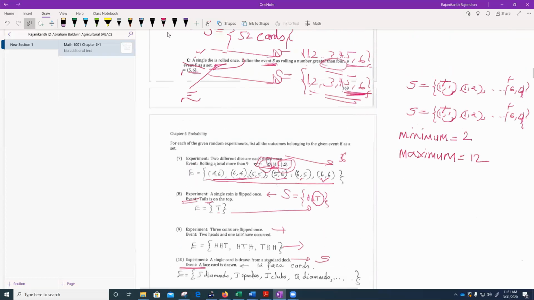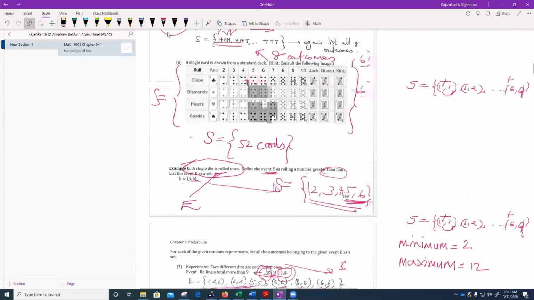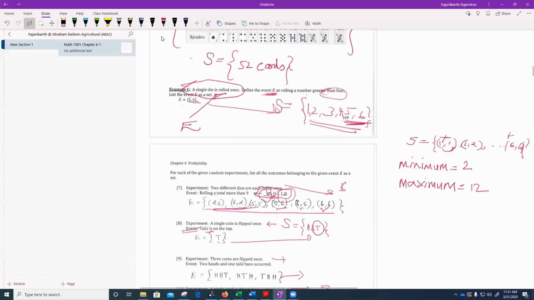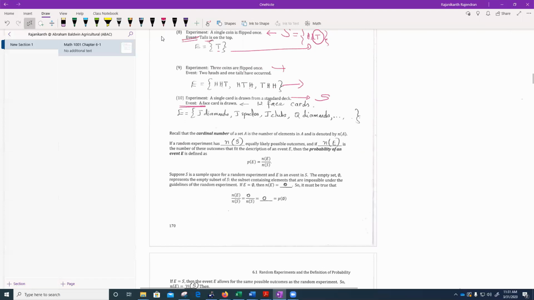That means you just collect all the face cards from here. How many face cards do we have in my sample space? These are all my face cards, right? 1, 2, 3, 1, 2, 3, 1, 2. There are 12 of them. So you just write down all the 12, right? So I just explained. J for Jack of diamonds, Jack of spades, Jack of clubs, and I missed one more, right? What is that? Jack of hearts.